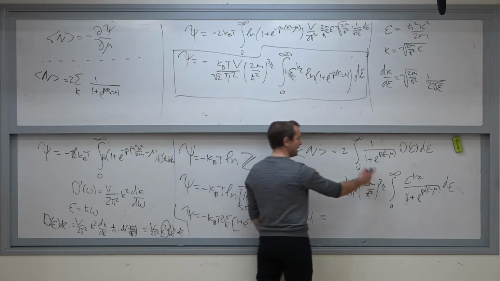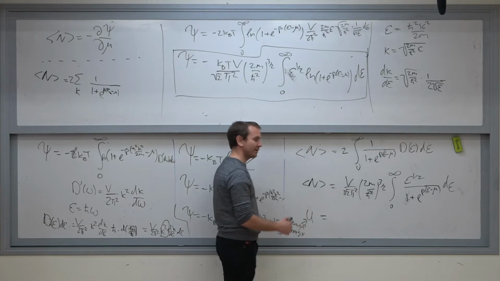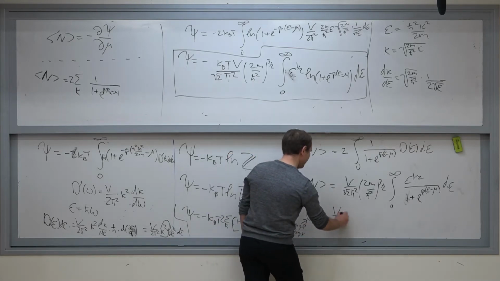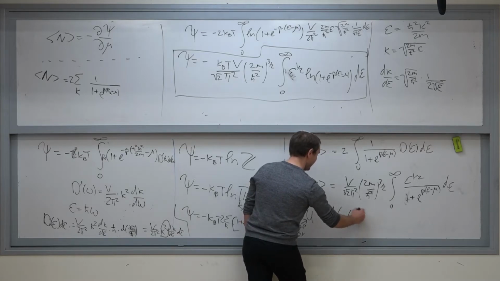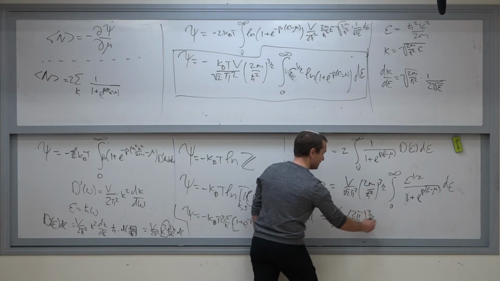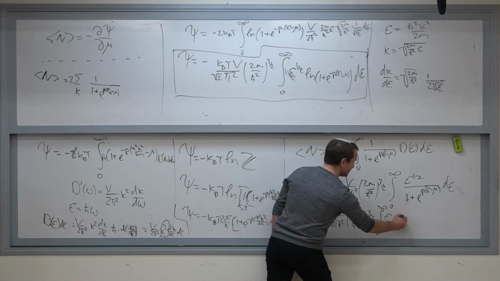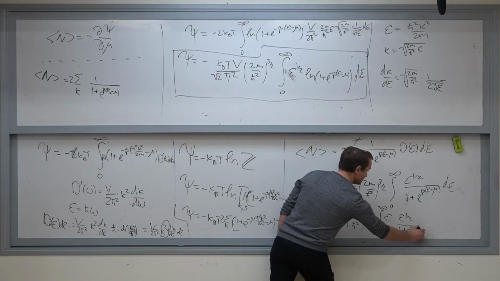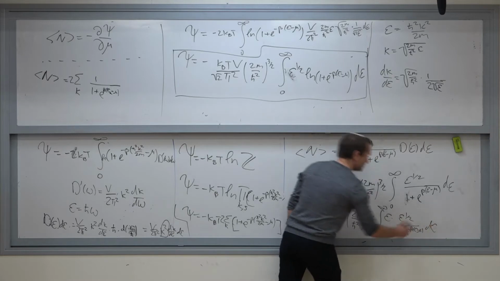It's again the same prefactor over here, the same prefactor over here, and I will have V divided by square root of 2 pi squared, 2m divided by h bar to the 3/2, integral between 0 and infinity of epsilon multiplied by epsilon to the 1/2, divided by 1 plus e to the power beta (epsilon minus mu), d epsilon.